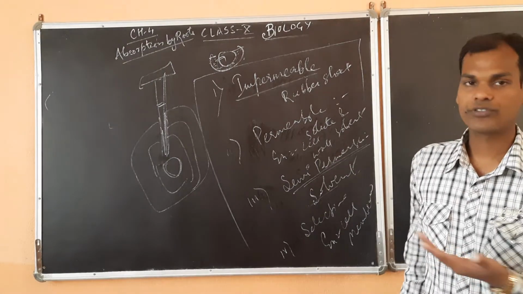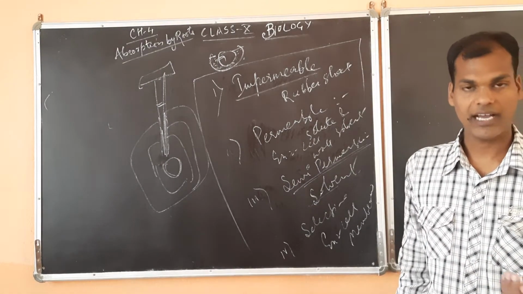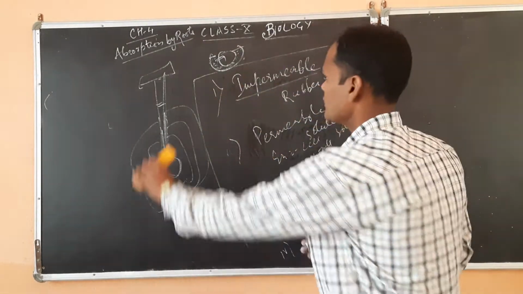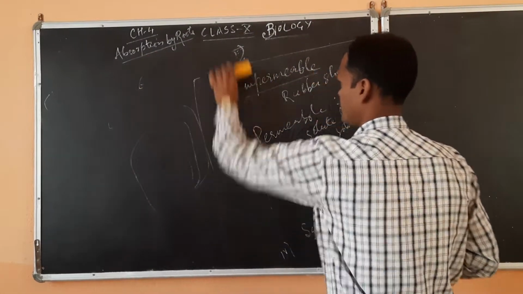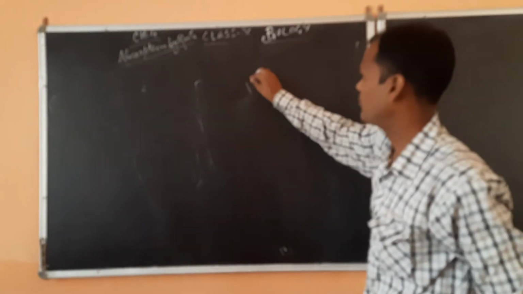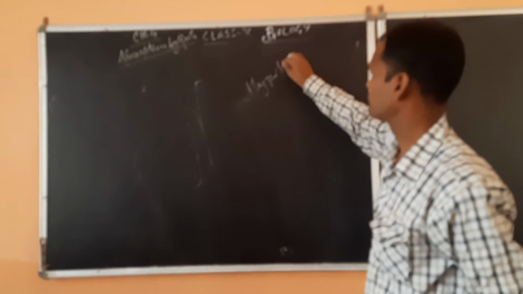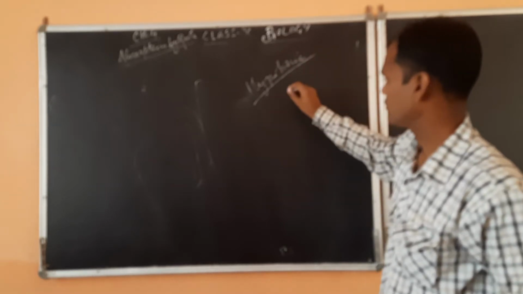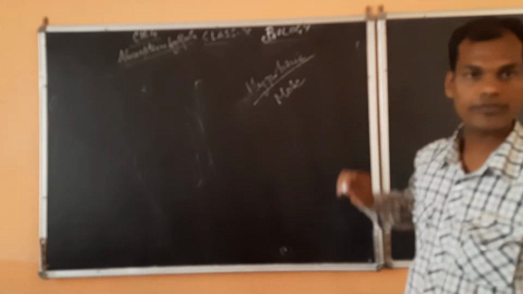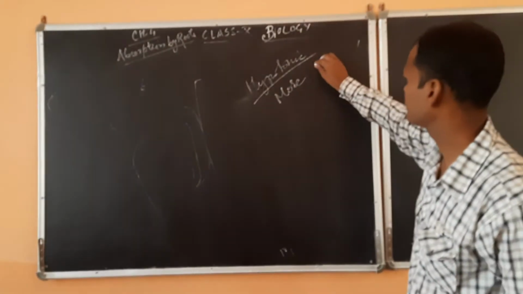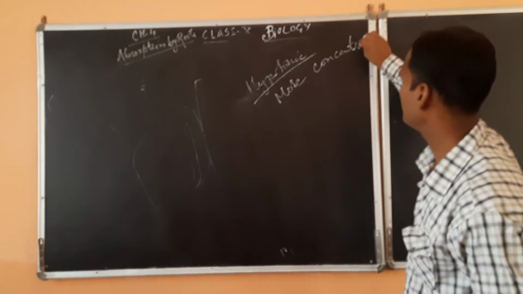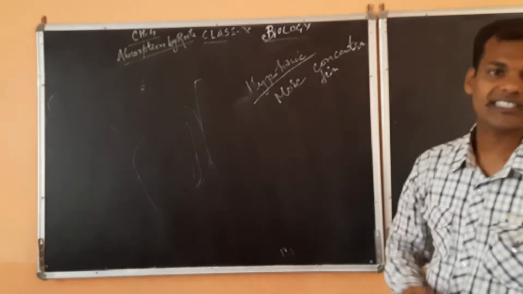Now you have to study 3 types of solution: hypertonic, hypotonic and isotonic. In a hypertonic solution, the concentration is more as compared to the cell sap.